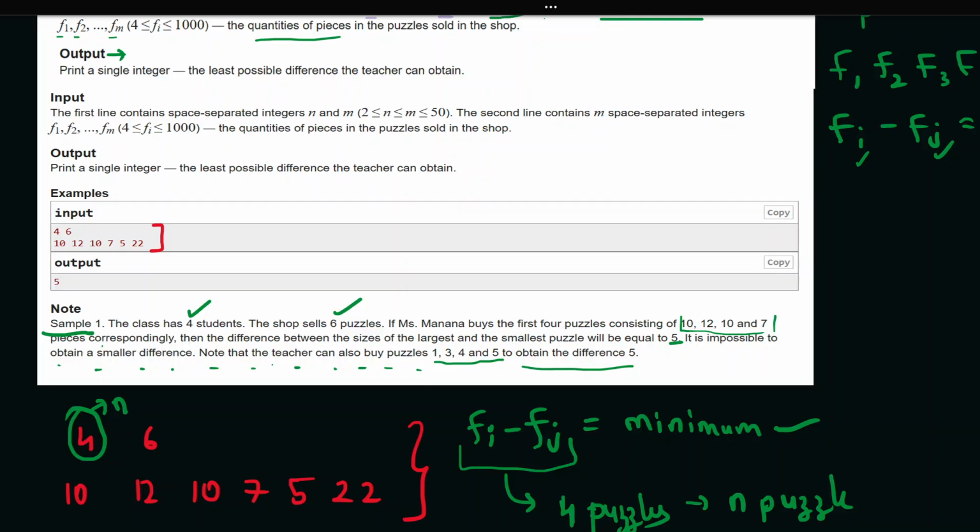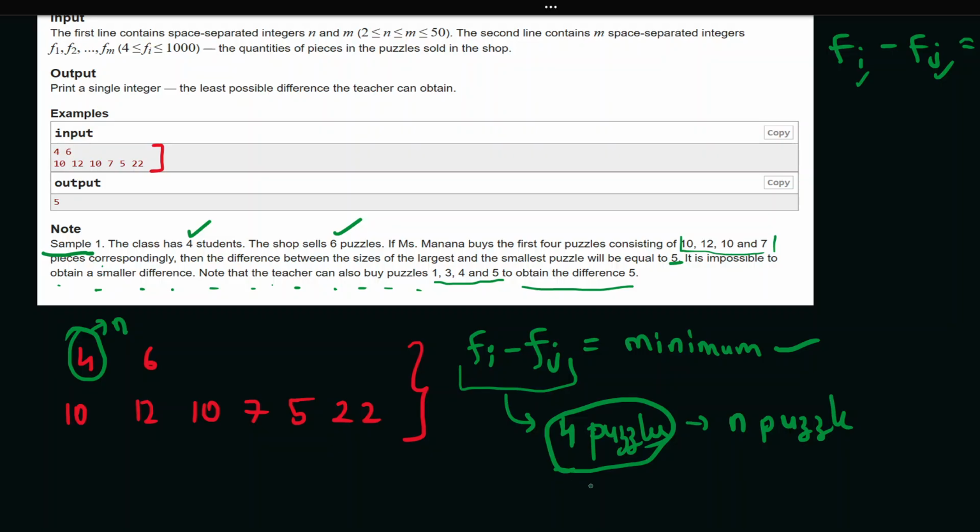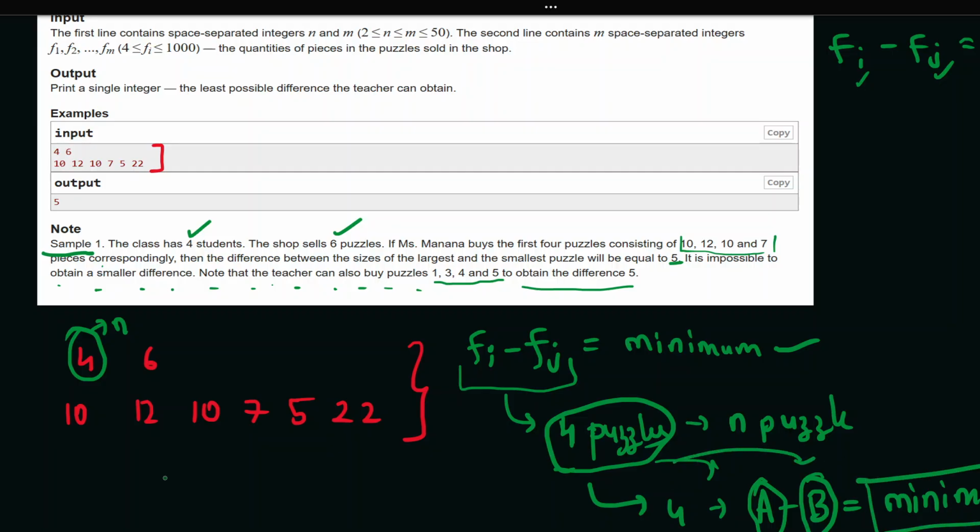So we have to pick 4 puzzles for our case such that among those 4 puzzles, the maximum, let's say A, minus the minimum should be minimum. So the maximum element in those 4 puzzles minus the minimum should be minimized. So let's take an example.